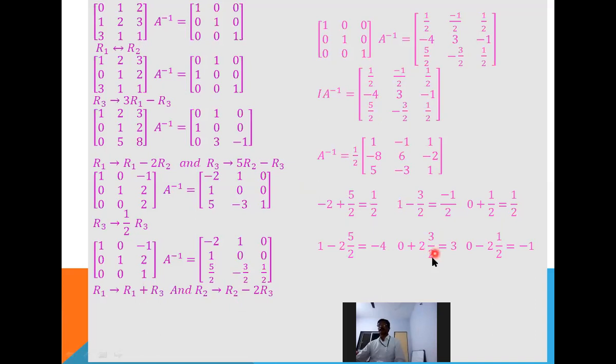So 2 into 3/2. 2 get cancel again. 0 plus 3 is again plus 3. Okay, then 0 minus 2 into 1/2. So 2 get cancelled. This is equal to -1. So this is -1.